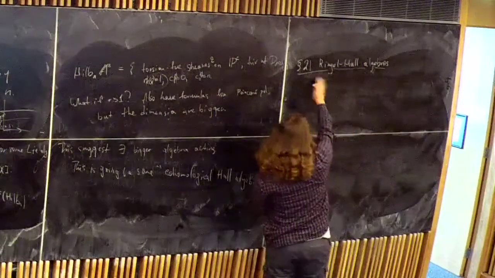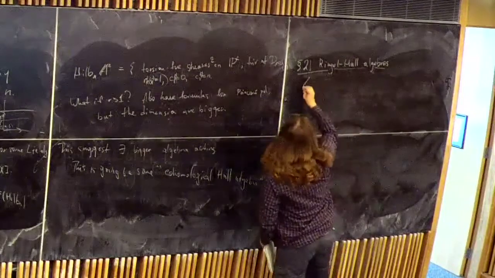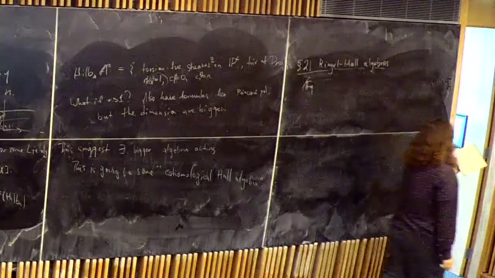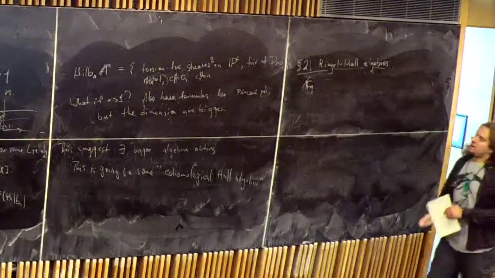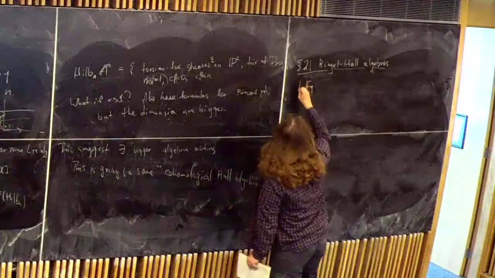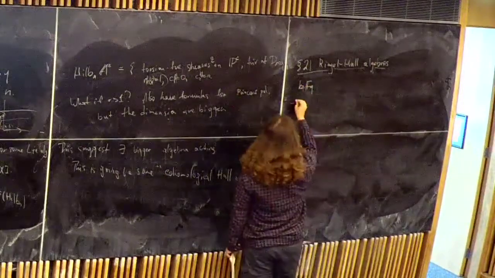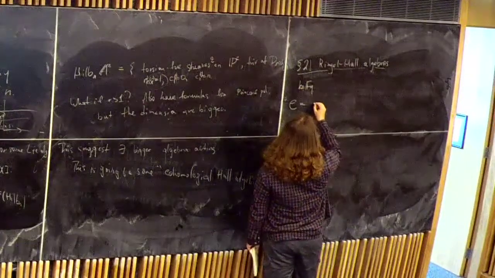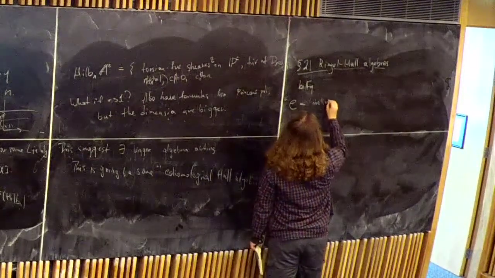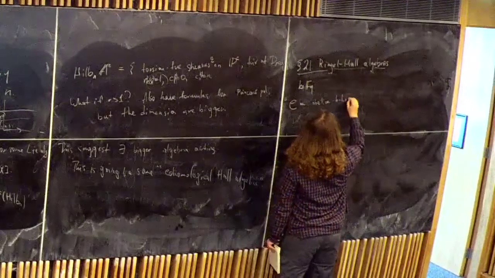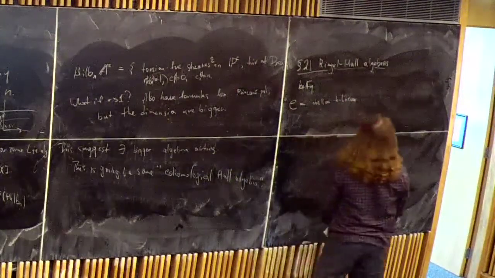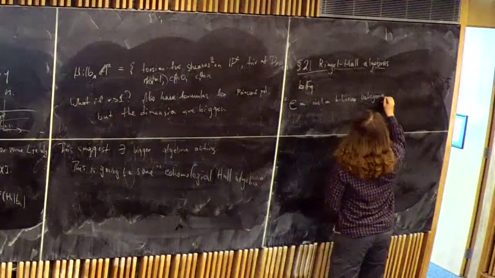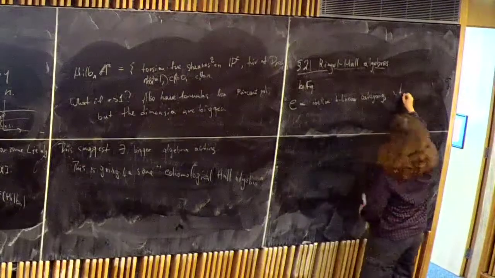So in this part of the talk, and only in this part of the talk, I'm going to work over a finite field F_q. Let me fix C, which is going to be a bilinear category which satisfies the following conditions.